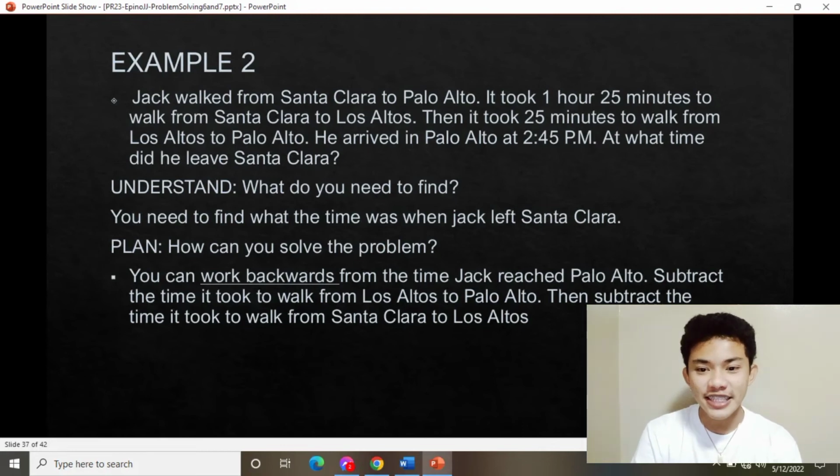Understand what you need to find. You need to find the time when Jack left Santa Clara. Plan. How can you solve the problem? You can work backward from the time Jack reached Palo Alto. Subtract the time it took to walk from Los Altos to Palo Alto. Then subtract the time it took to walk from Santa Clara to Los Altos.